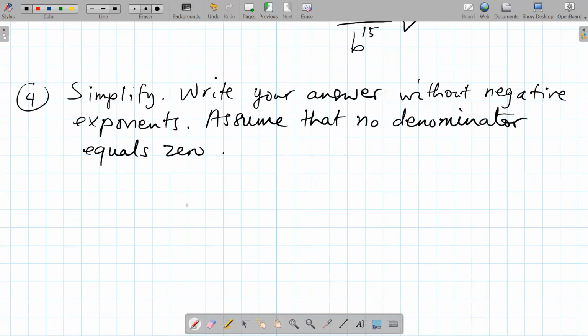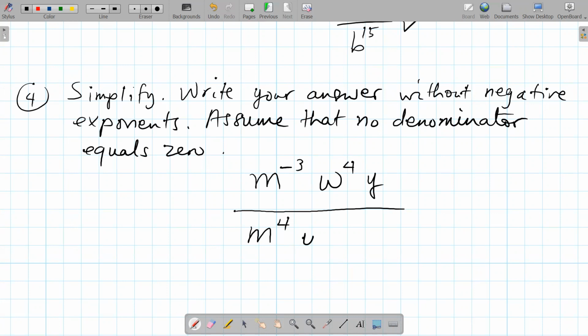And this is the expression: m to the negative 3, w to the 4, and y, divided by m to the positive 4, w to the negative 2, and y to the positive 5.